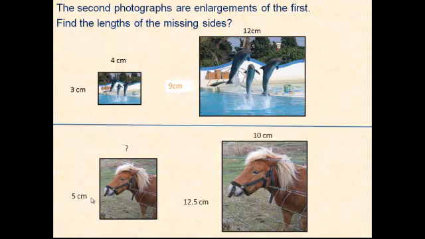Also in the second picture, I have 5 centimeter and 12.5 centimeter. So what is the side here? I should also find the scale factor. 5 multiplied by 2.5 will give me 12.5, or 12.5 divided by 5 will give me the scale factor, which is 2.5.